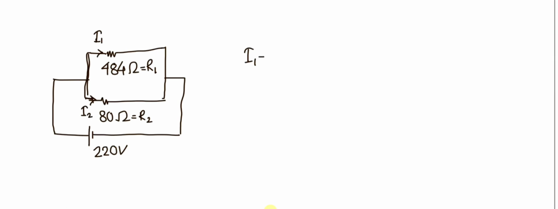Then I1 is equal to 220 volt divided by 484 ohm, and I2 is 220 volt divided by 80 around.